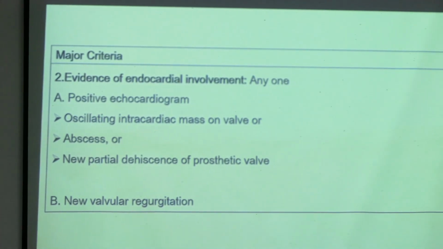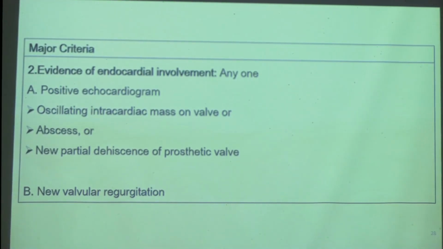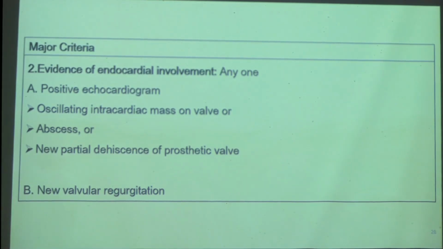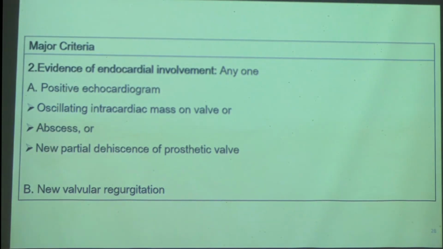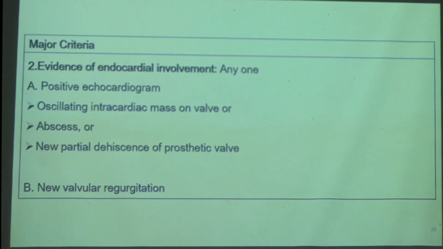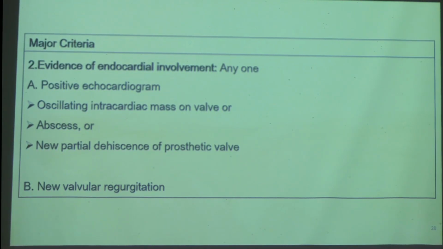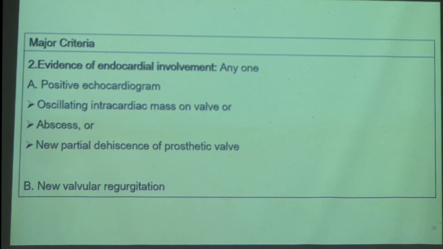Now what is the second major criteria? You have evidence of endocardial involvement. So what are those evidences? You can do echocardiography. So you have a positive echo finding. What all echo findings can you get? Oscillating masses on the valves, abscesses, or dehiscence of the valves, that is, the valves are torn off.